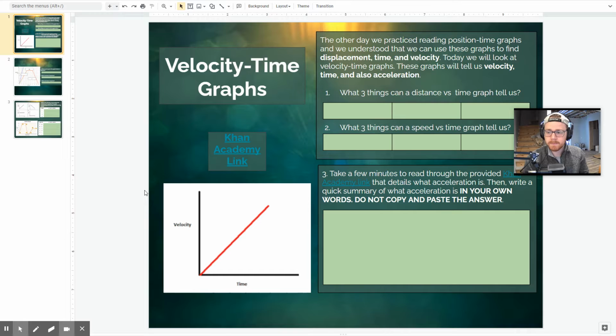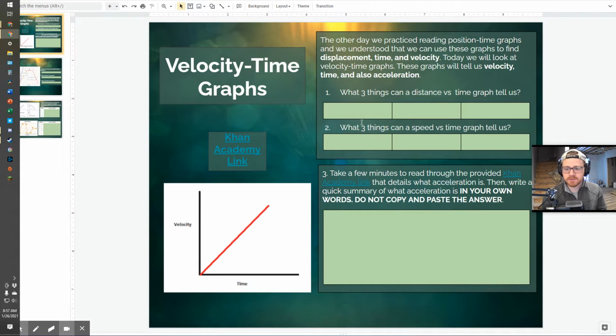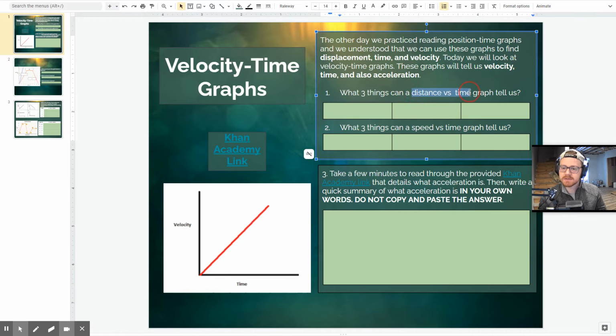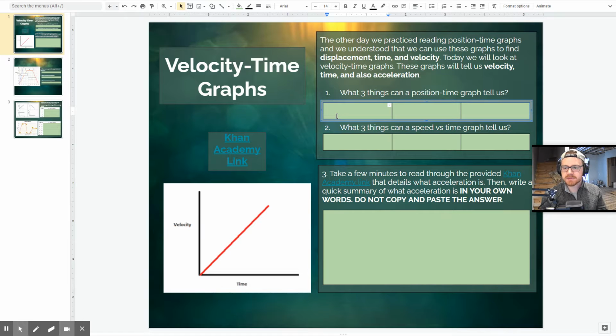Easy peasy. So what are the three things it says up at the top? I just realized I forgot to change this. Position time graphs: what three things can a position time graph tell us?